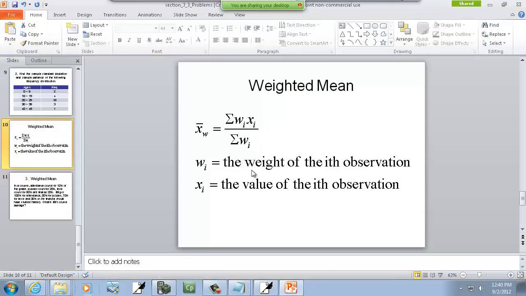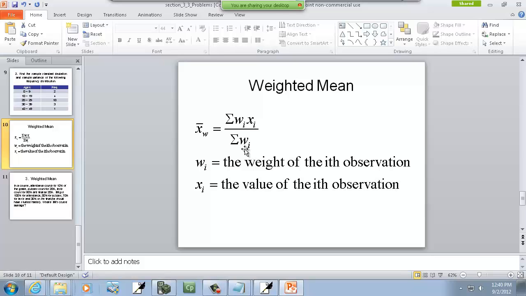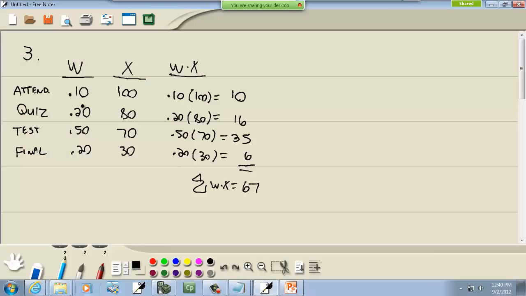Okay, so that's W times X. We got sigma in front of it, which means add them together. 26, 32, 62, 67. Let me double check: 10 plus 16 plus 35 plus 6, 67. And then down below, we add together the weights. 7, 9, 10.